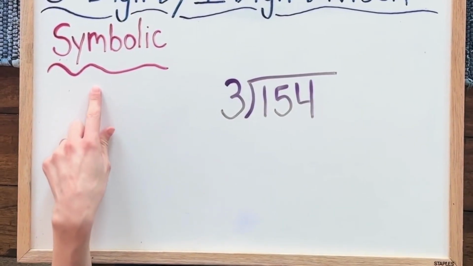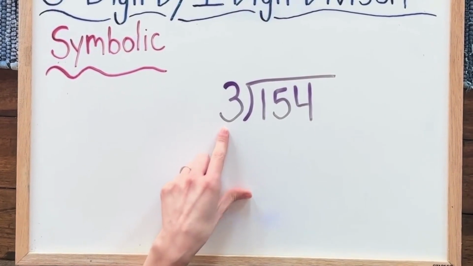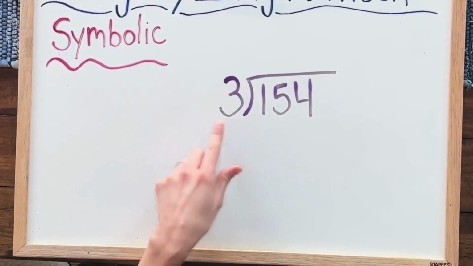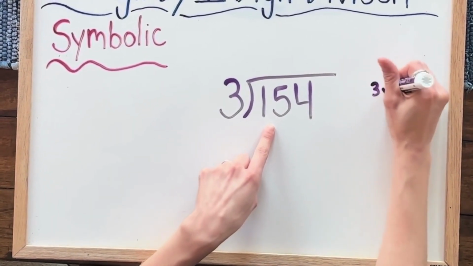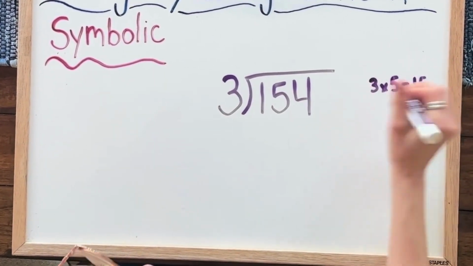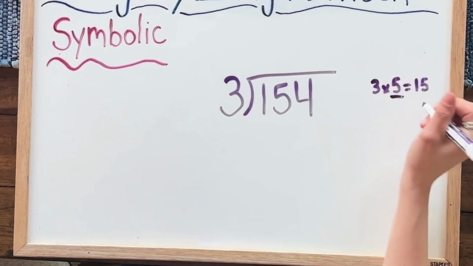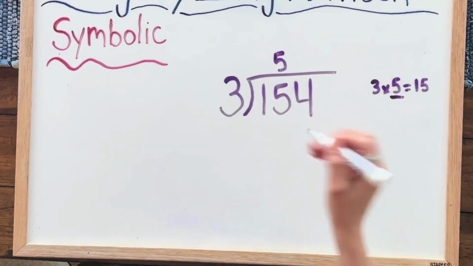Using the symbolic method, we are now going to solve 154 divided by 3. When we look at this, we know that 3 cannot go into 1, but 3 can go into 15. How many times does 3 go into 15? 3 times 5 gives us 15. So 3 goes into 15 5 times. We're going to put a 5 right here. And 3 times 5 is 15.